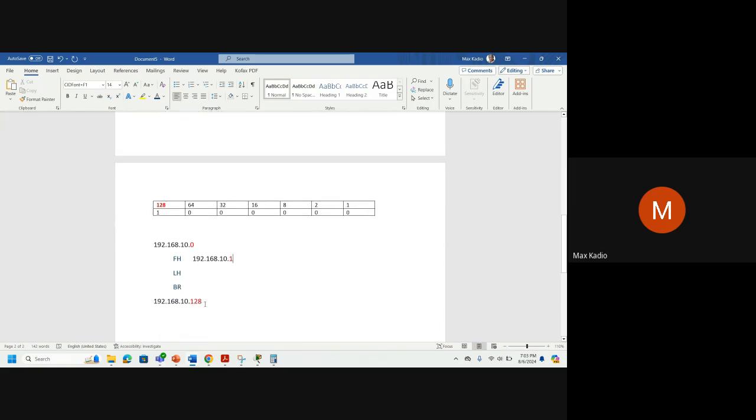The broadcast is the next network minus 1, so it should be 1 to 7. The last valid host you can assign to someone is the broadcast minus 1. So to 126.